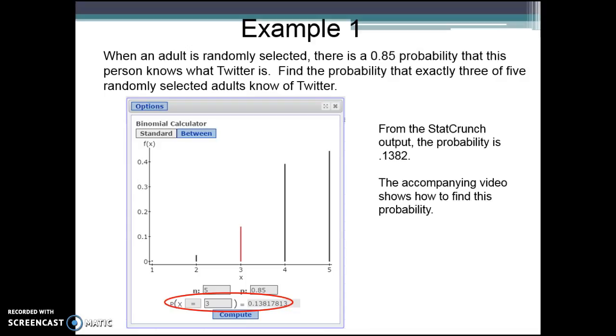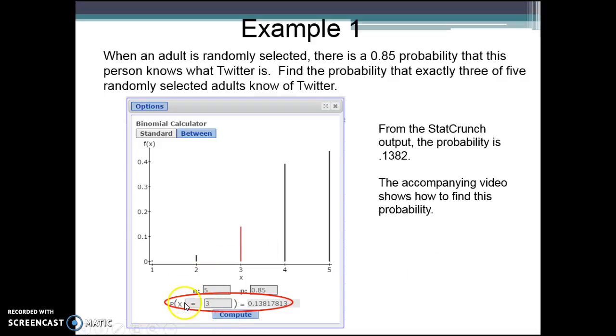All right, so the first example we talked about, whether adults know what Twitter is. I'm not going to ask you to find the probabilities by hand. I'm going to let you use StatCrunch for that. And you can see there's a separate video showing you how to find this probability.